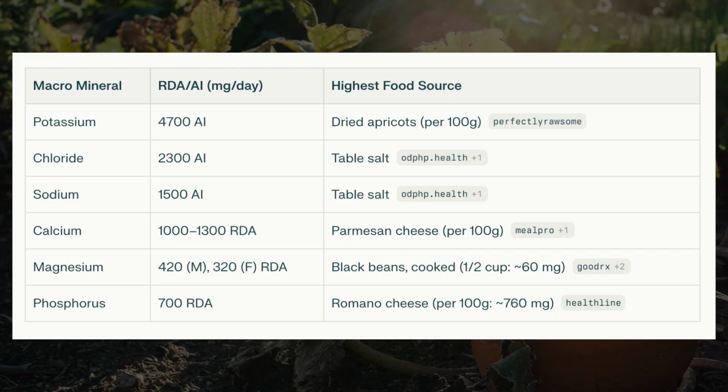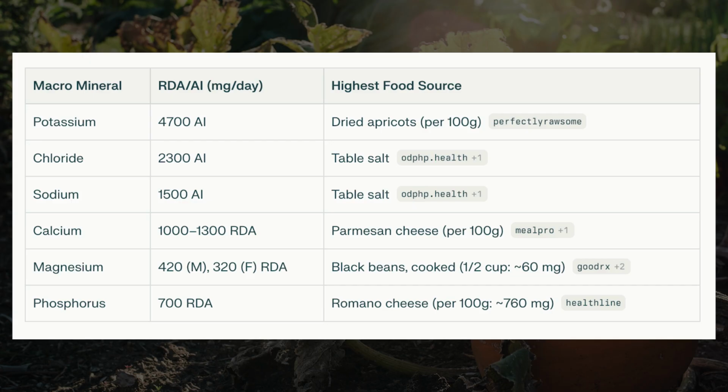Moving on to minerals. First, we're going to talk about macro minerals, and these are called macro minerals because you need them in the highest amount in your diet. What most people don't know is that potassium has the highest RDA or adequate intake value of any mineral. It's significant.